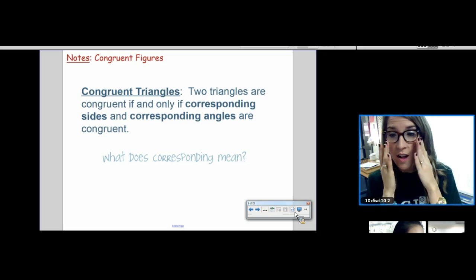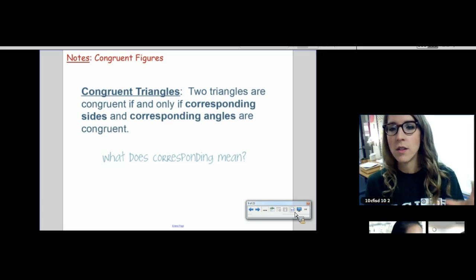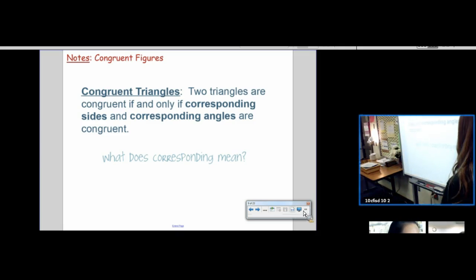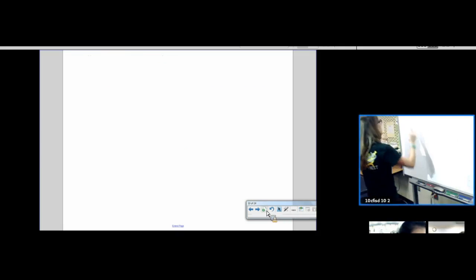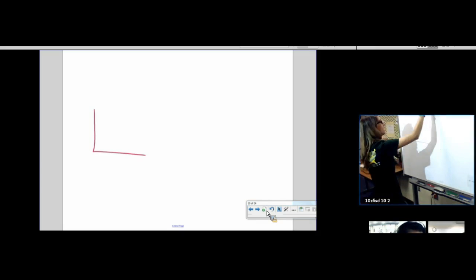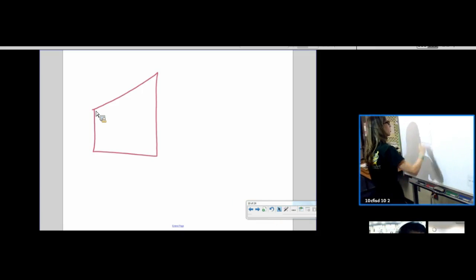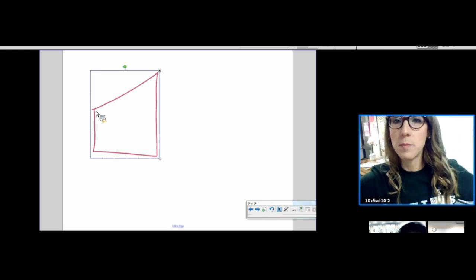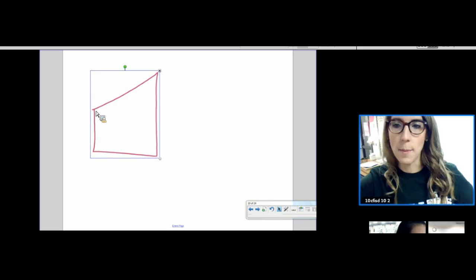Relating, that's a good word. The ones that relate to each other. The ones that go with each other. So if I were to draw a figure, because we're going to spend plenty of time talking about congruent triangles later. On a keyboard, how would I create a congruent figure of this trapezoid or quadrilateral?